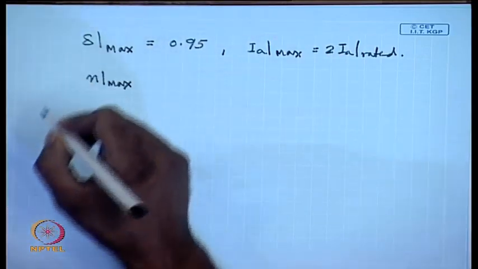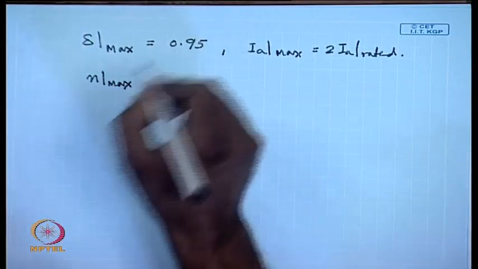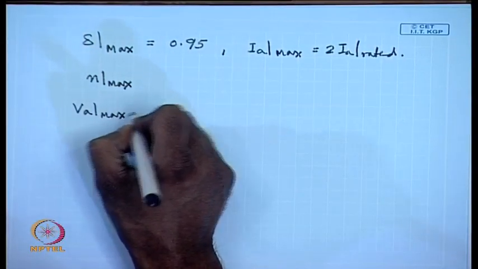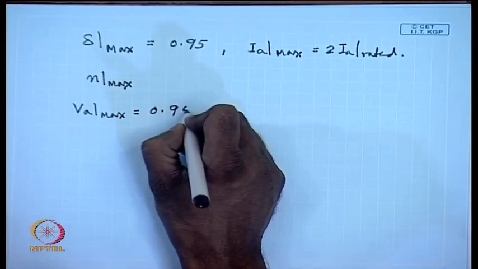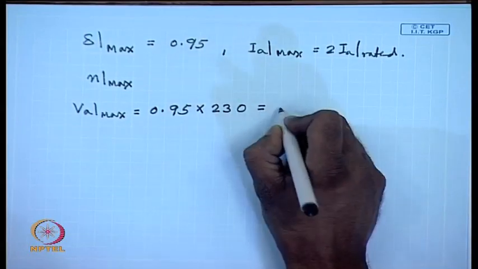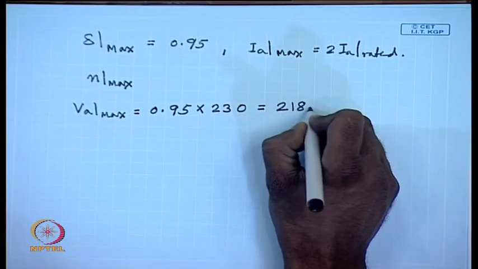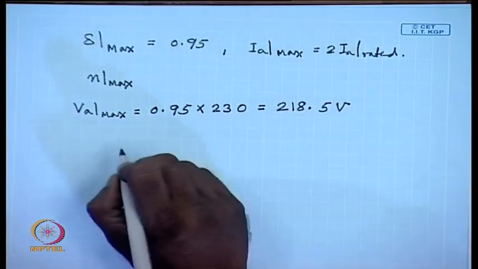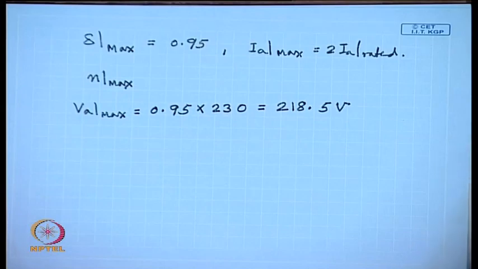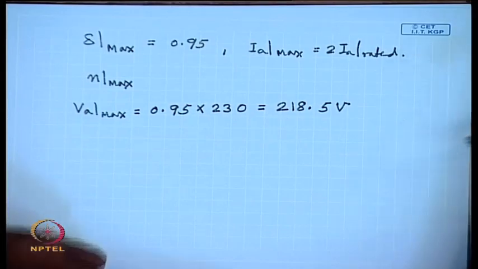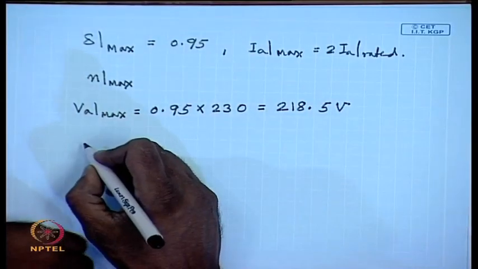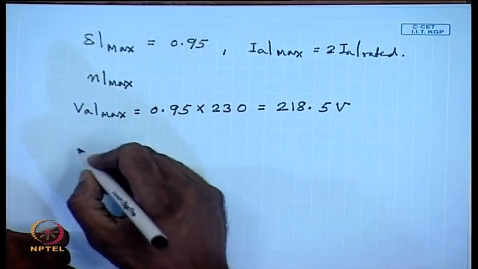Now, since the maximum value of delta is 0.95, VA maximum is 0.95 into 230 equal to 218.5 volts. Please note that the speed in the regenerative braking mode is higher than the motoring mode. Therefore, maximum N will occur in the regenerative braking mode. In that case, the current will flow out of the motor terminal.